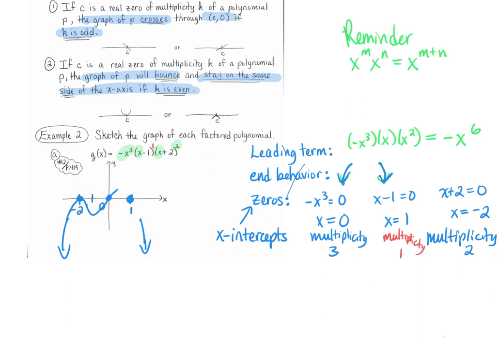This is 3 here. So this has multiplicity 3. Okay? So we know our graph crosses here. And we know our graph is going to come back through and it's going to cross here. Does that make sense? All right. This is what this section is about.